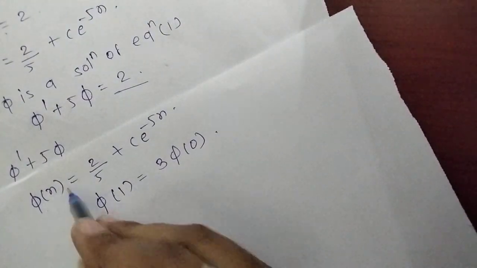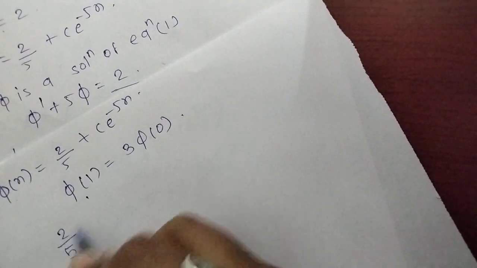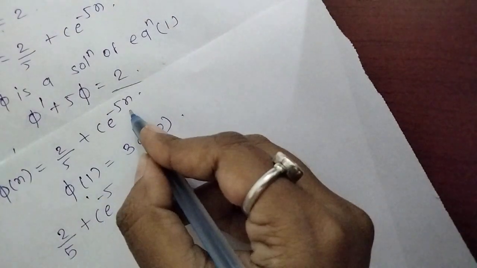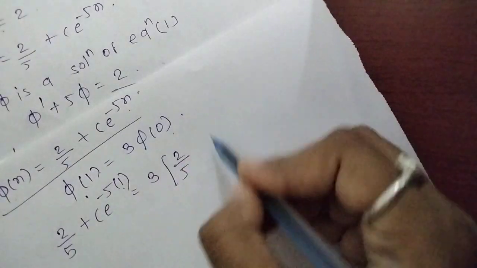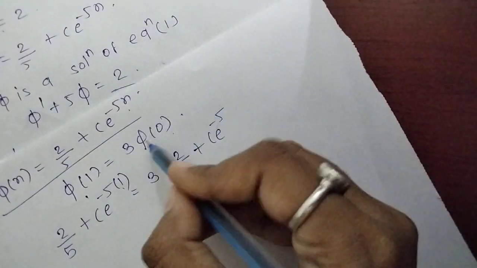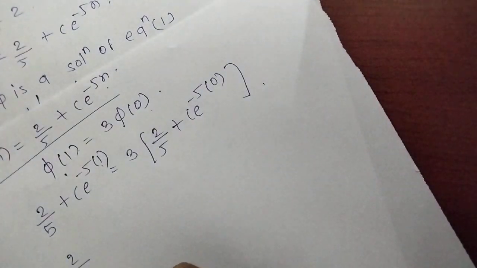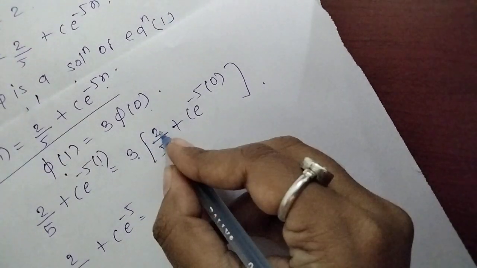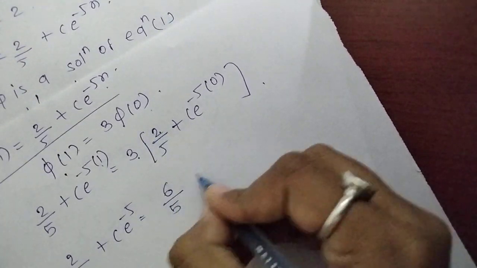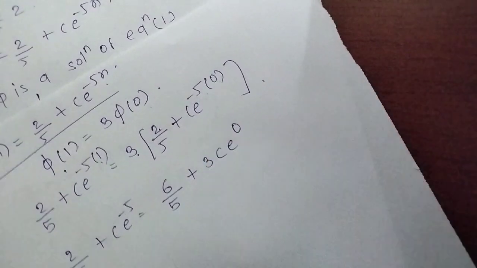So phi of 1 becomes 2 upon 5 plus c e raised to minus 5, putting x is equal to 1, is equal to 3 into phi of 0, means 2 upon 5 plus c into e raised to minus 5, putting x is equal to 0. So 2 upon 5 plus c e raised to minus 5 is equal to 3 into 2 upon 5, which is 6 upon 5, plus 3c e raised to minus 5 into 0, meaning e raised to 0.